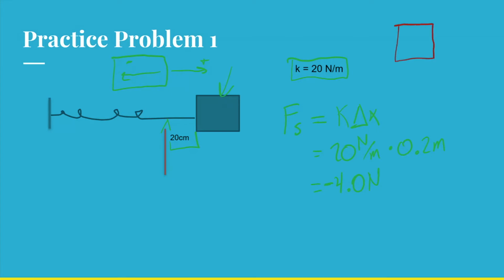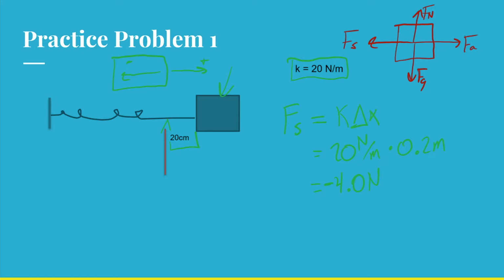So I have my object. I have my applied force in this direction. And then I have my opposing spring force in the opposite direction. And then, I guess technically, I have a normal force pushing up and a gravitational force pulling down.